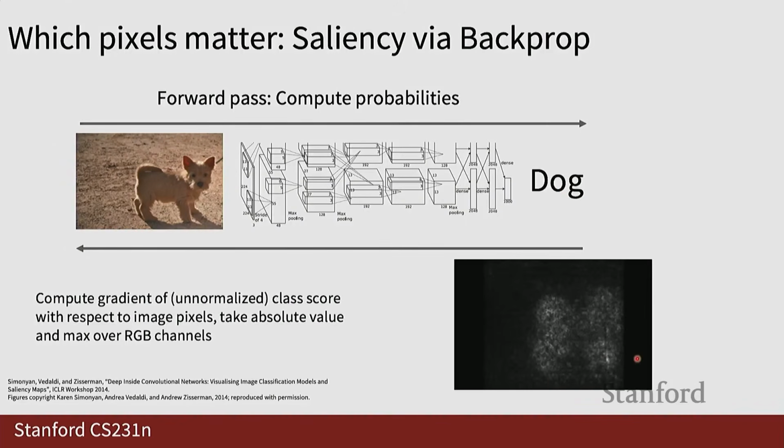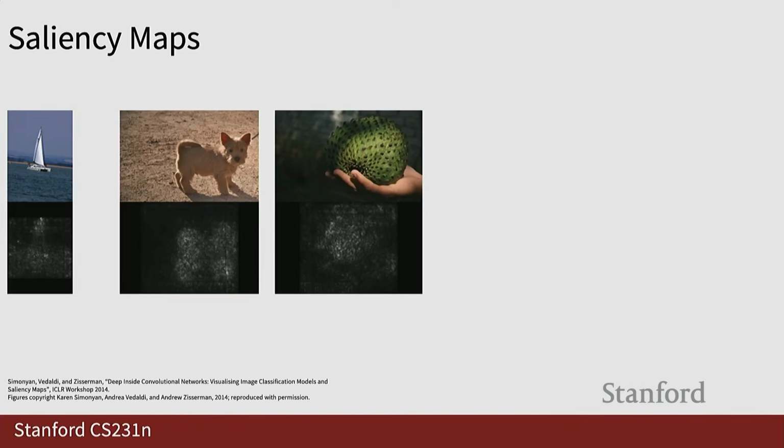So if I change the values of those pixels, the dog score will change, right? Again, this is the basic meaning and definition of gradients that we've talked about. So this is one way. If you run this on different objects that you've trained the network on, then this is what you get.